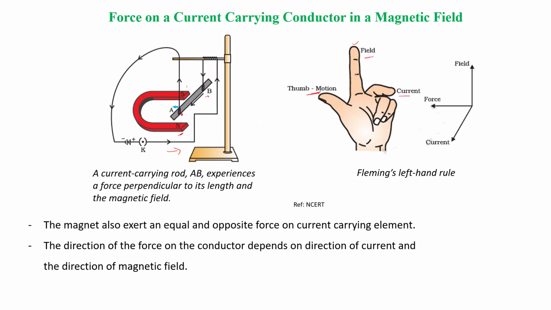Always keep in mind that sometimes the direction of the flow of current is not given; the direction of the flow of charge is given instead. The direction of the flow of charge and the direction of conventional current are opposite to each other. If an electron is moving from top to bottom, the direction of the current will be from bottom to top.